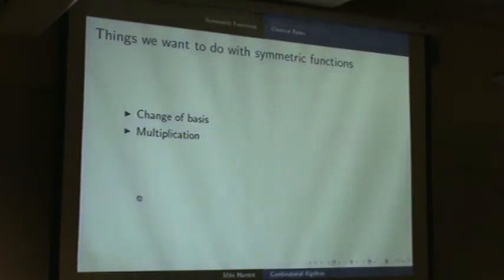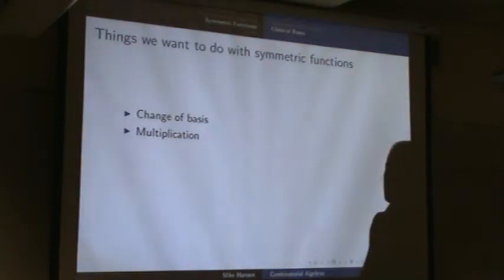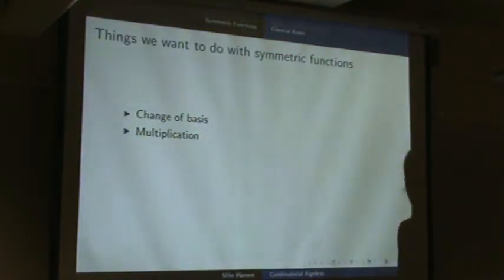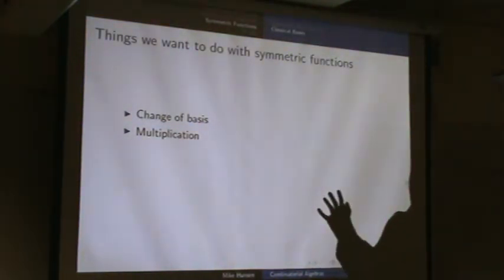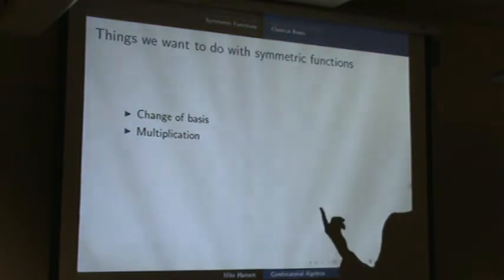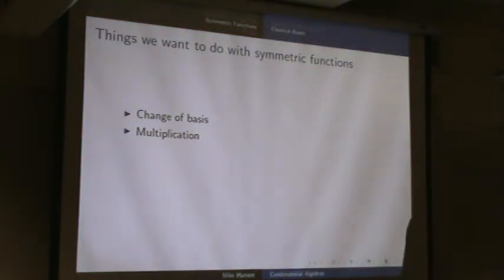Or do multiplication within this algebra. As we saw for the multiplicative bases, the elementaries, the power sums, the homogeneous ones, multiplication is really easy. All you do is take the two partitions, concatenate them, and then sort, because it's a multiplicative basis.